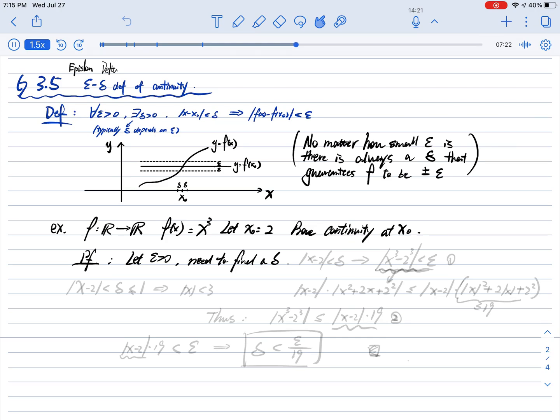So we get that the absolute value of the difference in the input smaller than delta implies that the output difference is smaller than epsilon. And epsilon is fixed already because we already gave an epsilon greater than 0. Now we need to find a delta that ensures this condition is true.